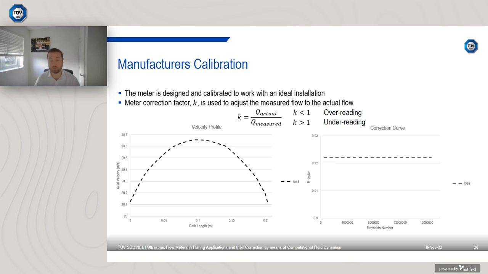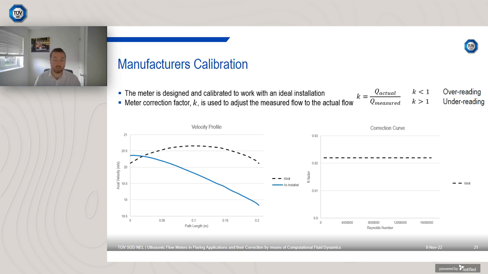So across a range of Reynolds numbers, the K factor would stay constant. However, from our analysis, we have seen that when the meter is installed, the velocity profile would actually look something similar to this. And you can also see that the velocity profile of the as installed condition is not the same as the ideal condition. And in actual fact, it's quite different.